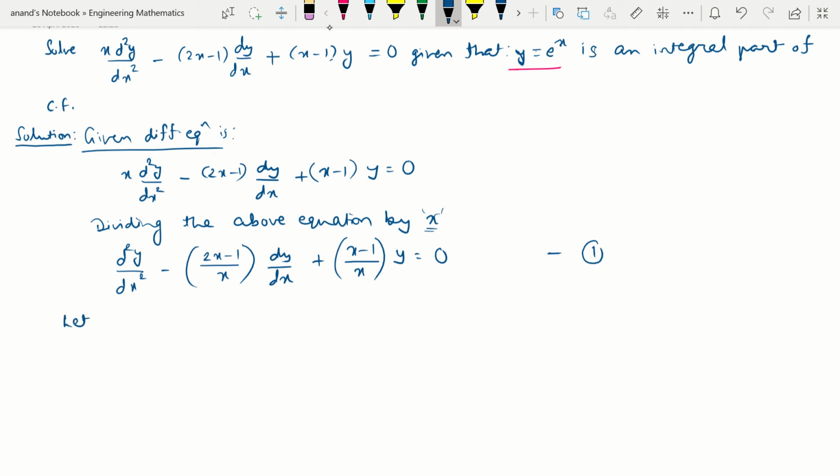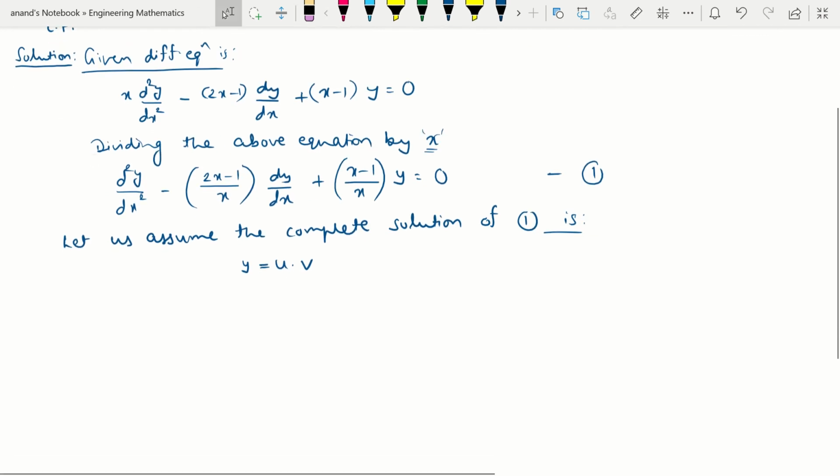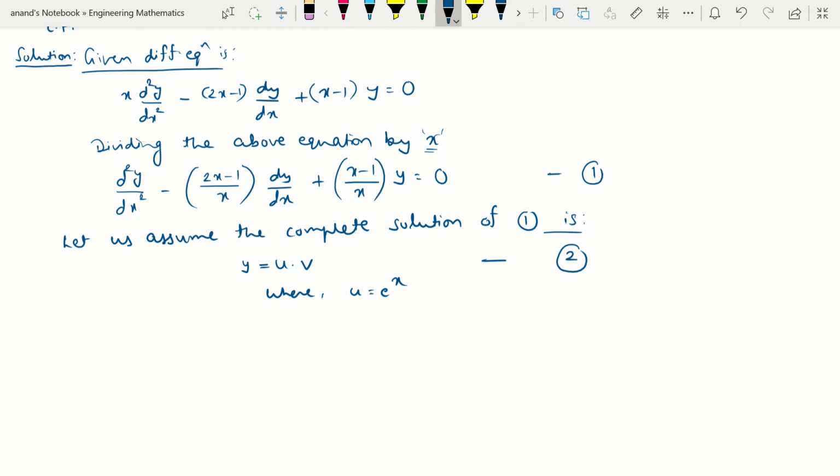So let us assume the complete solution of the first is y equals u into v, where u is known to us, u equals e to the power x. Let us call this equation number second.